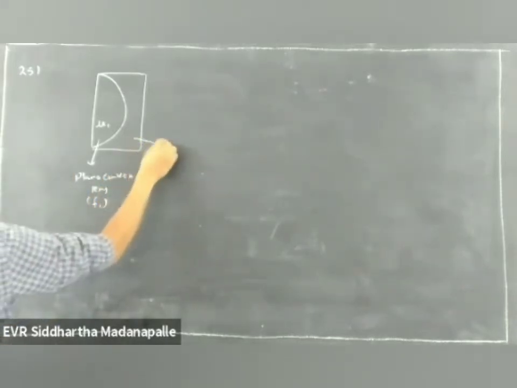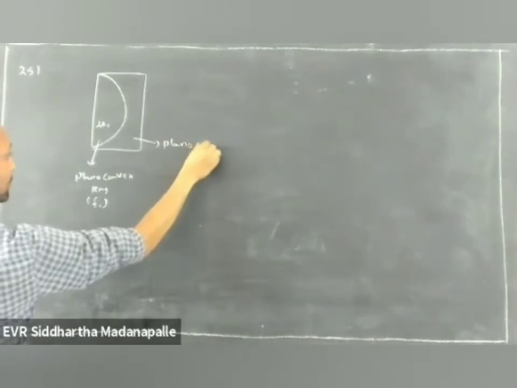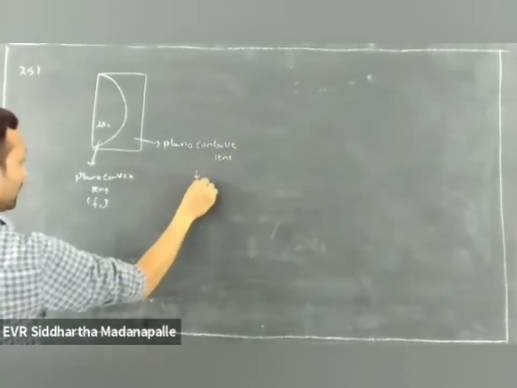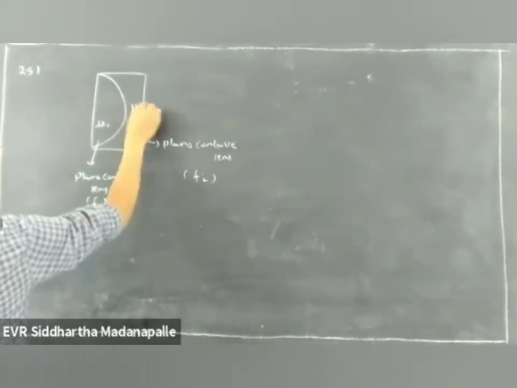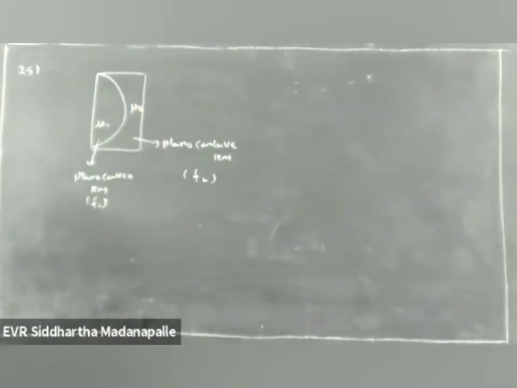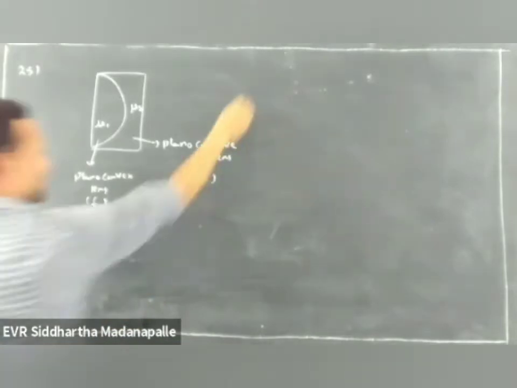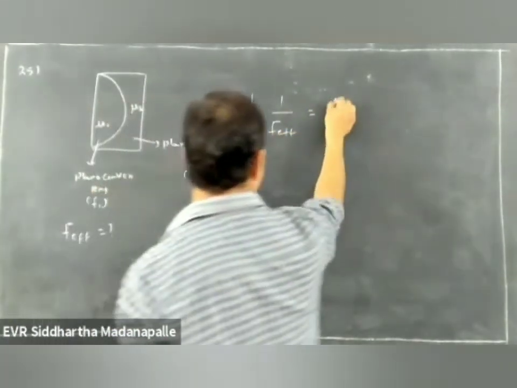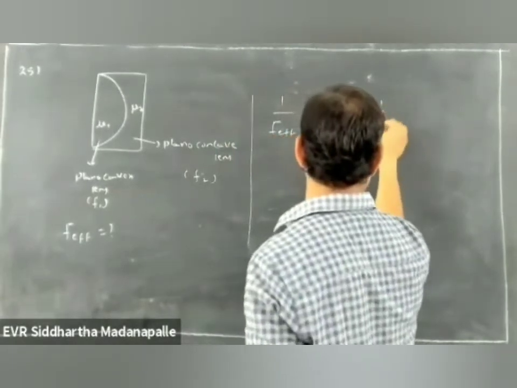And this is a plano-concave lens of focal length f2 and refractive index mu2. Then what is the effective focal length? Here 1 by f effective is equal to 1 by f1 plus 1 by f2.